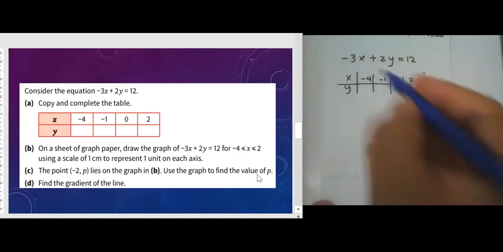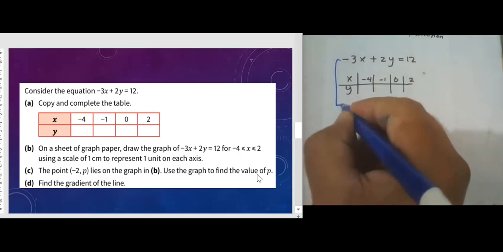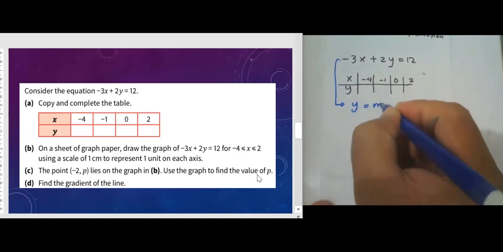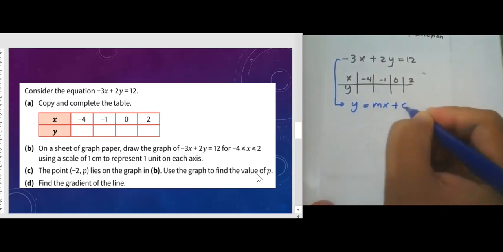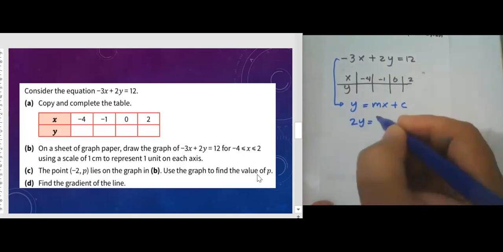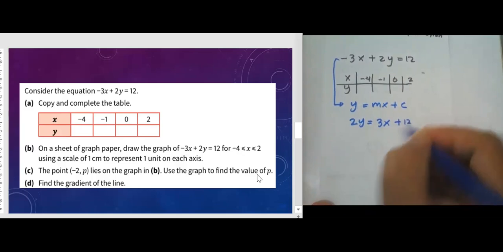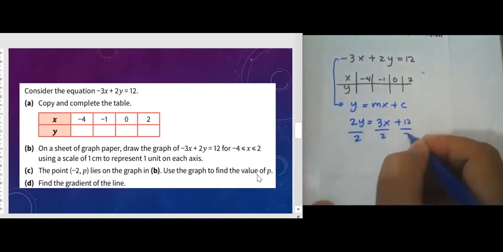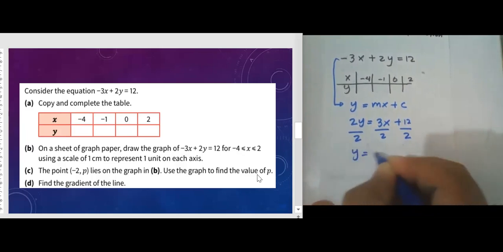Let us rewrite this into the form of y is equal to mx plus c. And for us to be able to write that, we have 2y is equal to 3x plus 12. So you divide all of them by 2. So you have there y is equal to 3 over 2 x plus 6.